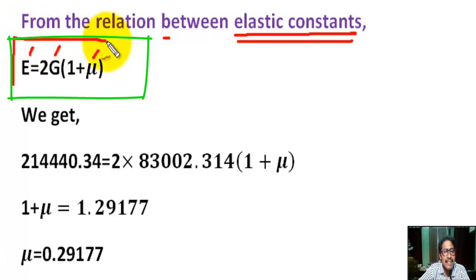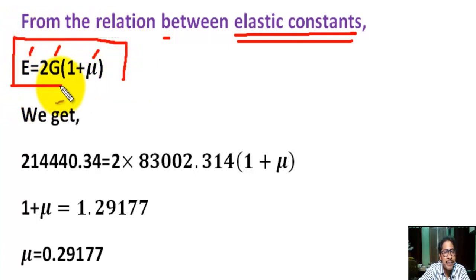This is the relation between E, G and mu. E is the Young modulus. Young modulus means linear stress by linear strain. G equal to modulus of rigidity, that means shear stress by shear strain. Mu equal to Poisson's ratio.